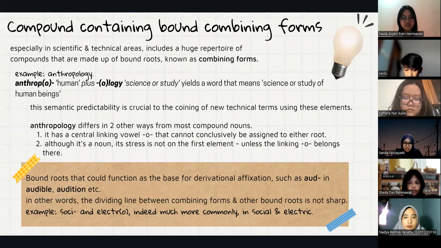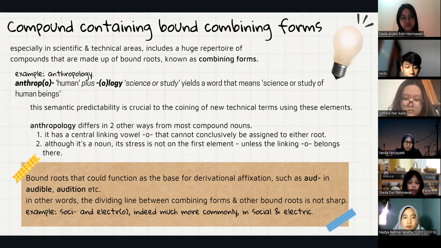So an example is anthropology. The anthrop means human plus logy means science or study, yields a word that means science or study of human beings. So the semantic predictability is crucial to the coining of new technical terms using these elements.